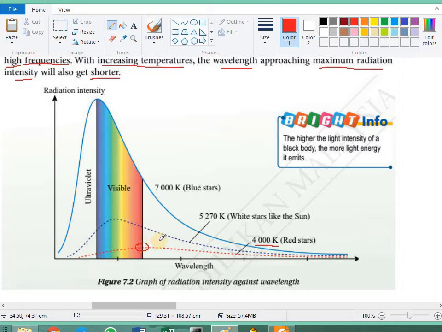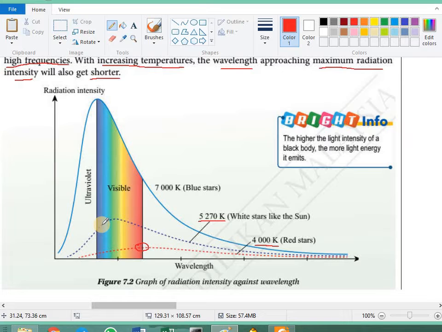And if the temperature is higher, 5,270 Kelvin, then you can see that there will be more energy. So a lot of the particles can oscillate at higher frequency.